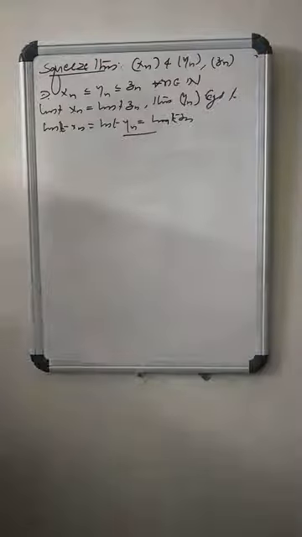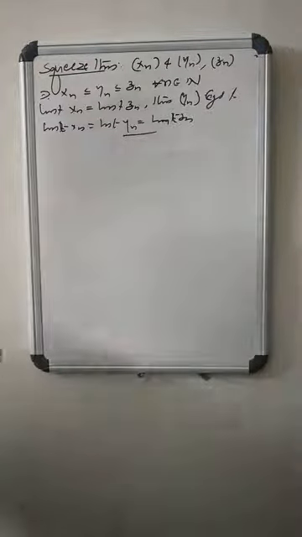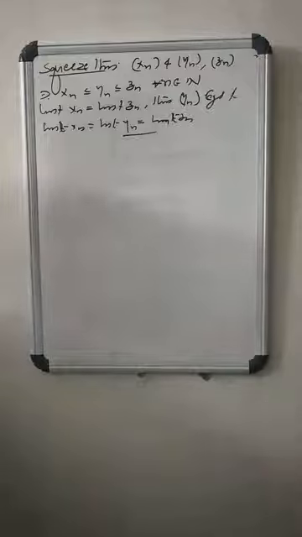Sequences xn, yn, zn are sequences of real numbers with xn less than or equal to yn less than or equal to zn for all n in N. If limit xn equals limit zn, then the sequence yn converges and limit xn equals limit yn equals limit zn. How?